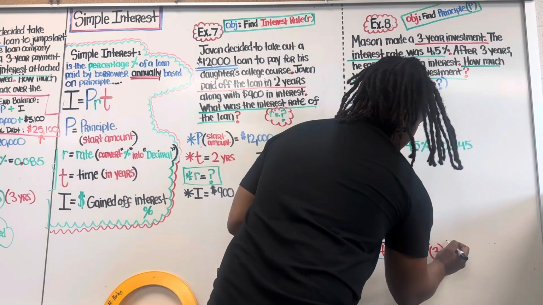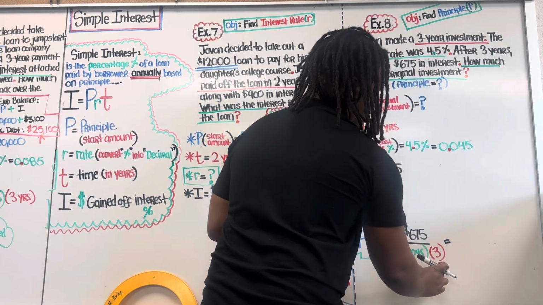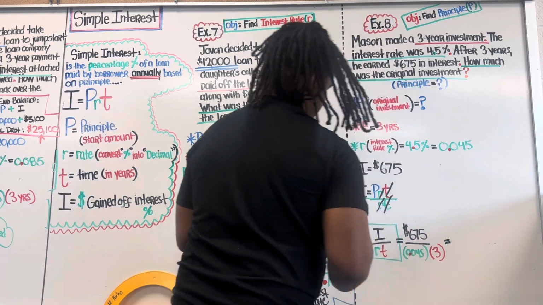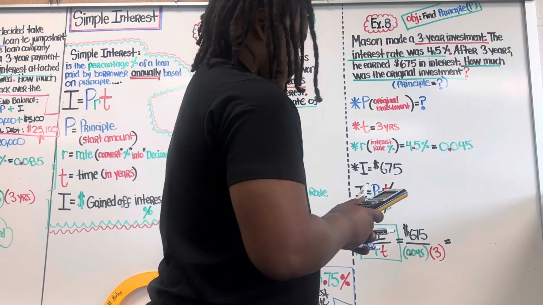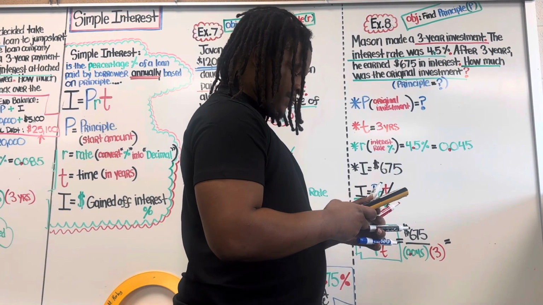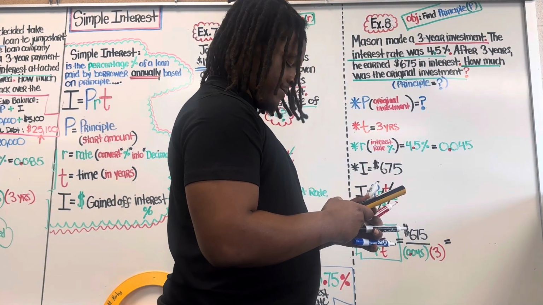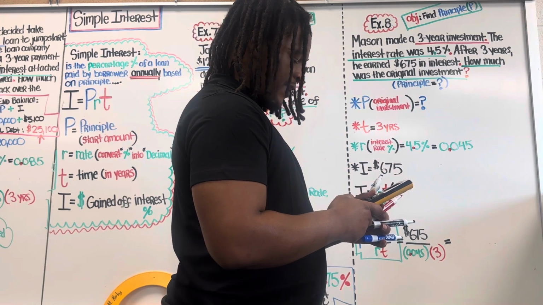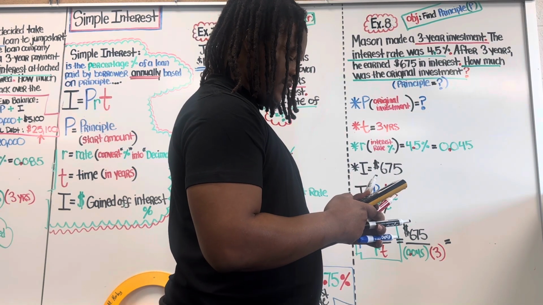I'm going to multiply the denominator first, which is 0.045 times 3. That is 0.135, and then I'm going to divide 675 by 0.135.